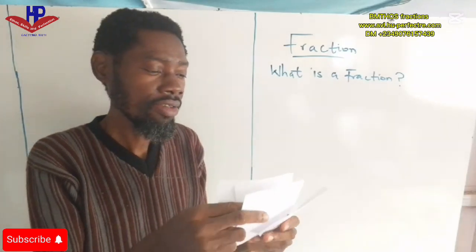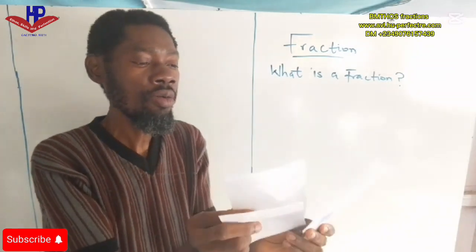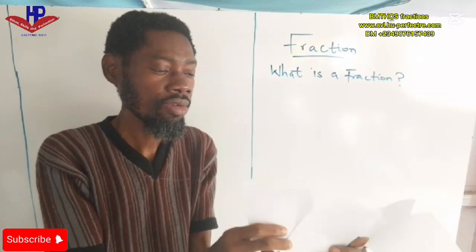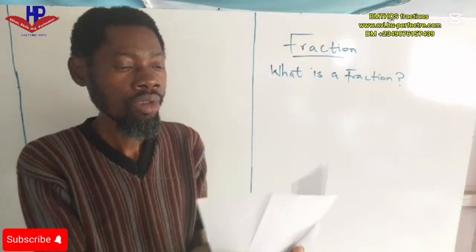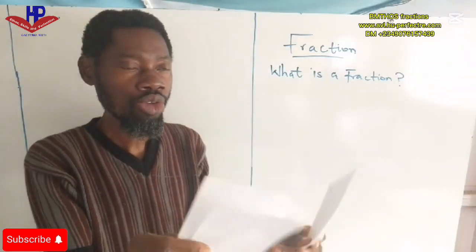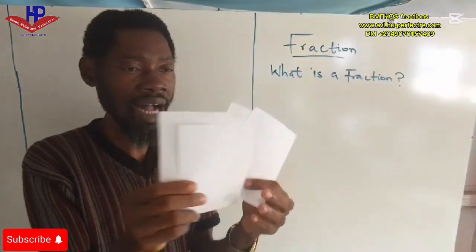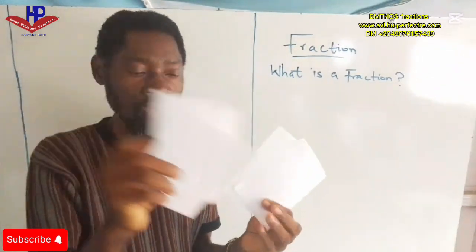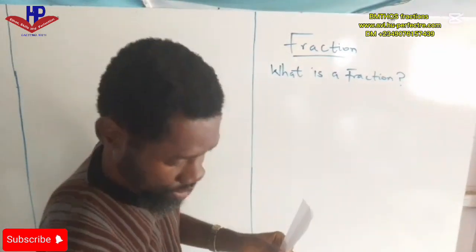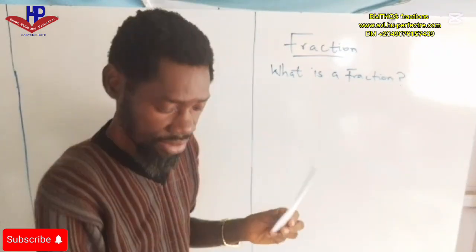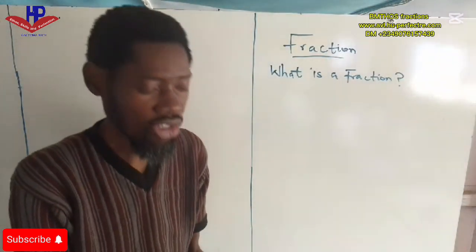Okay, you can see we have 4 parts cut out from the shape. We have 4 parts, 1, 2, and 1, 2. The initial one was 2 parts, but now we have 4 parts: 1, 2, 3, and 4.